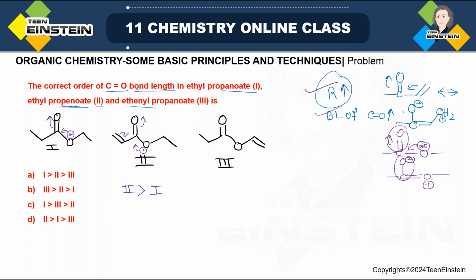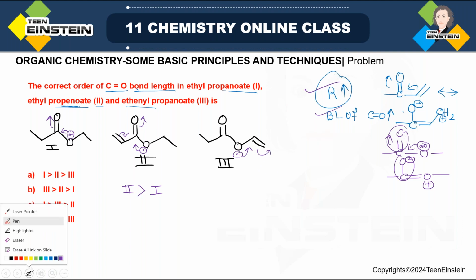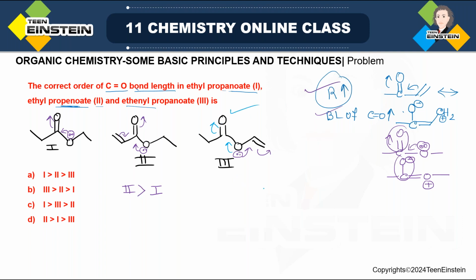Now what about the last one? In the last one it is interesting, because the lone pair present on this oxygen can undergo resonance to this side, and it can also take place on the left hand side. When you follow the blue arrow, only then is the C double bond O double bond character decreasing.